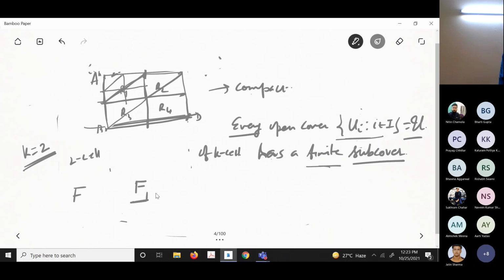So again, look, here you will get F2, which won't be covered by a finite subfamily of this. This way you will get this. Again, another one, F3, that explains.